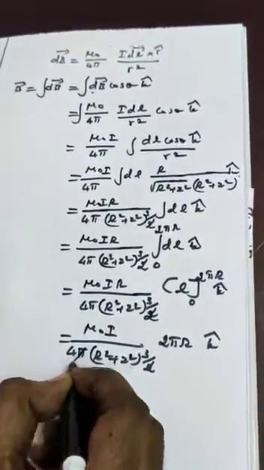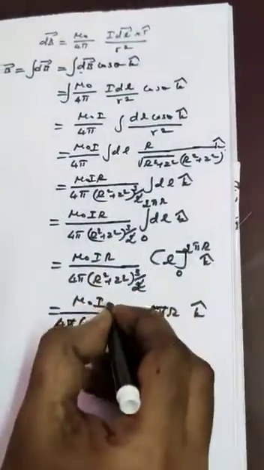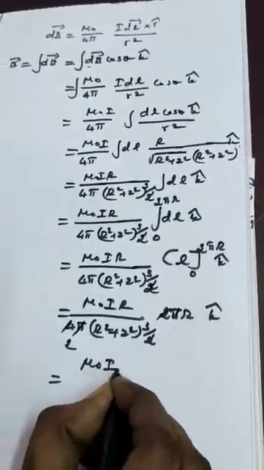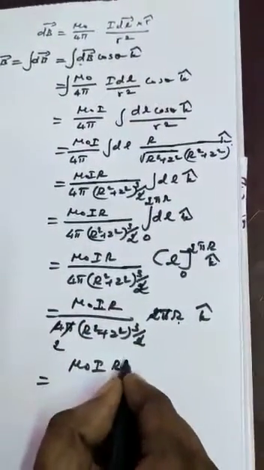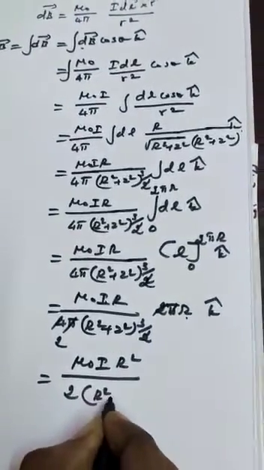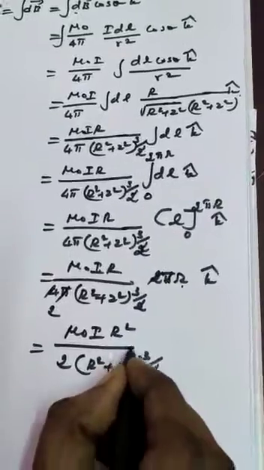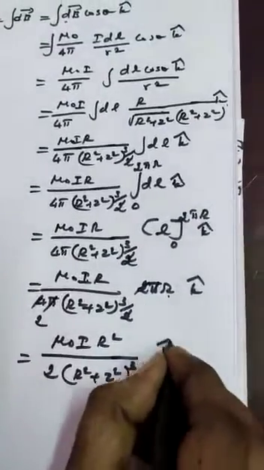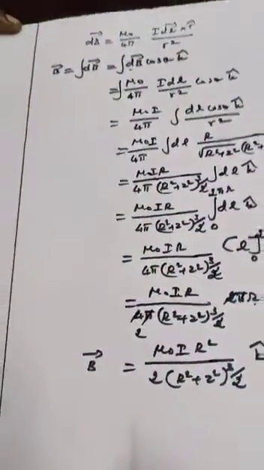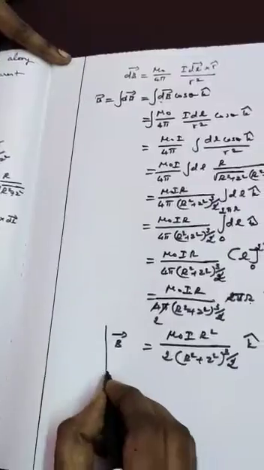So cancel the common terms. We are going to get mu naught I r into r, that is r square, divided by 2 into r square plus z square the whole power 3 by 2 k cap, which is the final expression for the magnetic field of a circular coil at the point P.